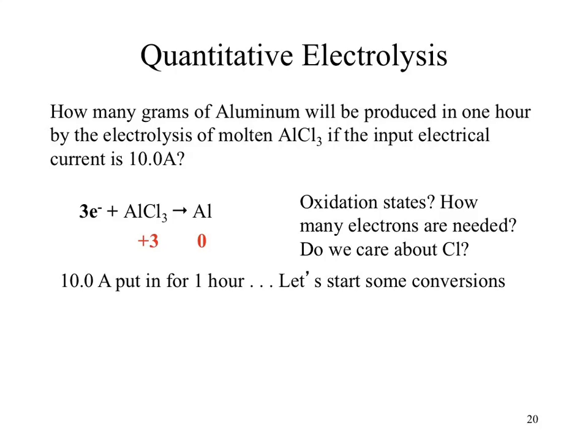The next problem says we start with 10 amps and we do it for an hour. So what we're going to have to do is crunch out some conversions. We take 10 amps times an hour. We know amps. I didn't show that conversion. What's the extra conversion that's not shown there?